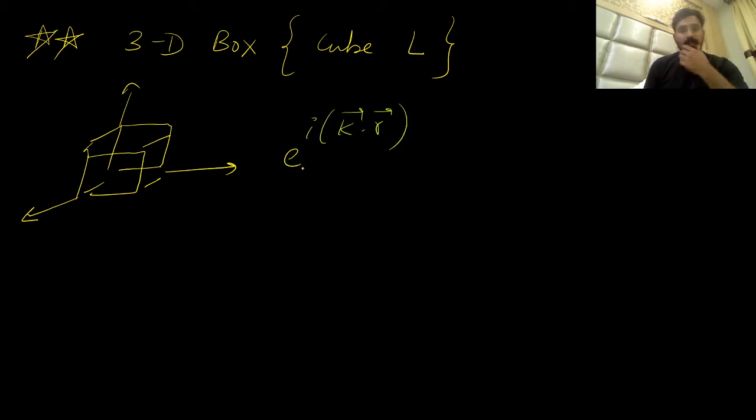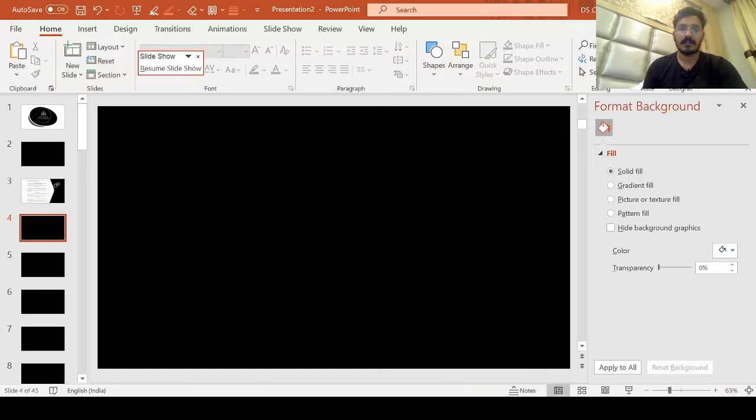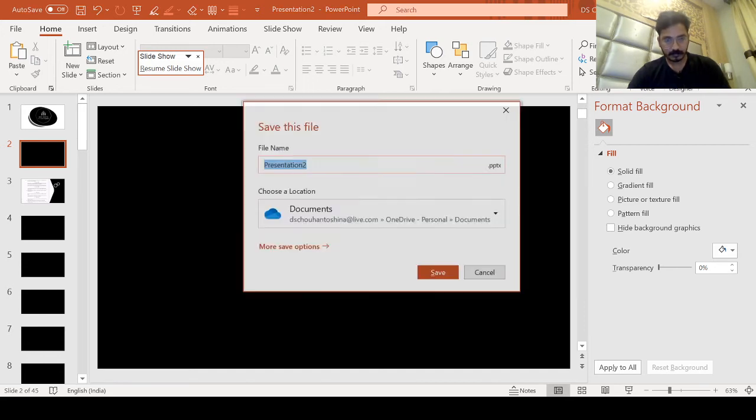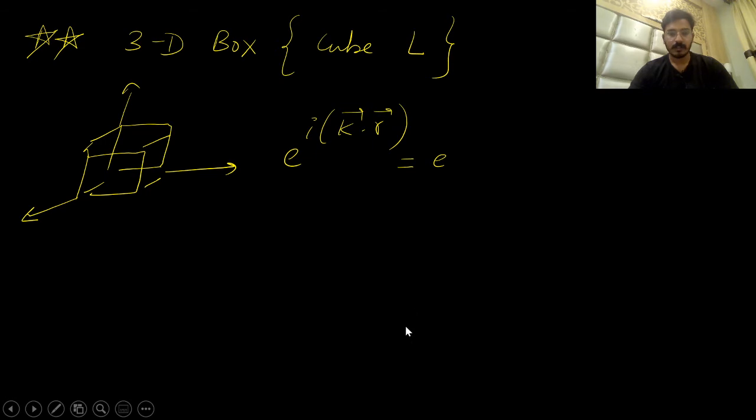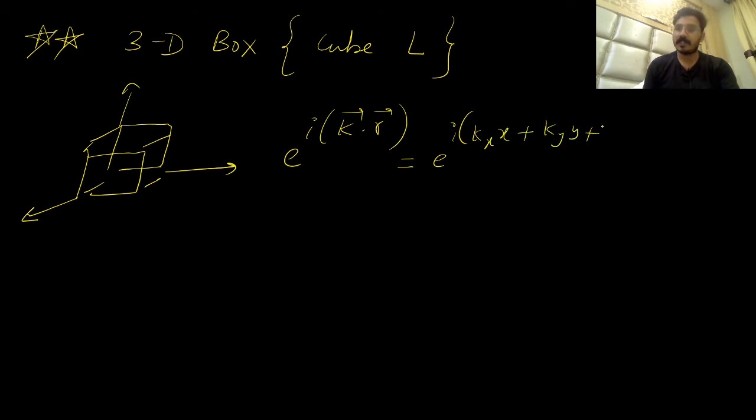Okay, the displacement can be written as this, or it can be written as e^(i(kx x + ky y + kz z)).